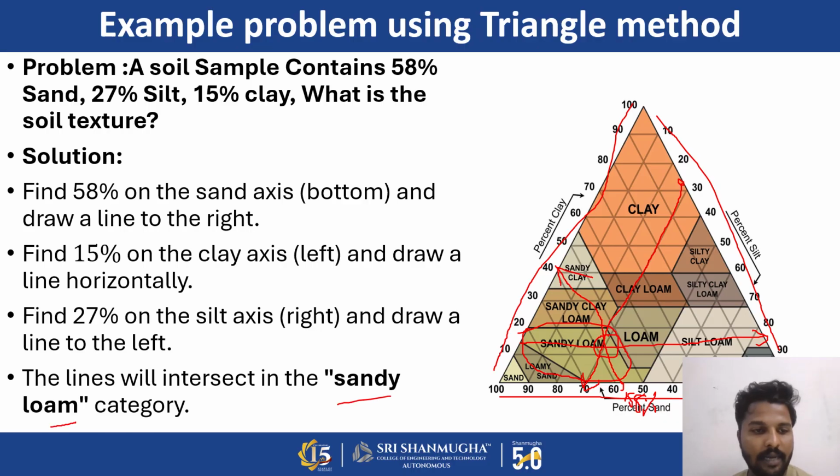So the given soil sample is found to be sandy loam soil. So I think you got how we have to use this soil texture triangle to find out the particular soil type, the soil textural type. Okay, then we can move to the next slide.